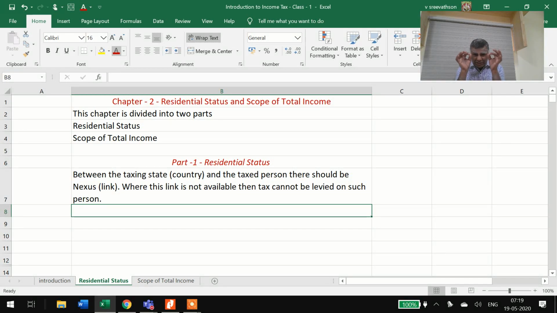If that link is not established, then you cannot levy tax on such income or such person.